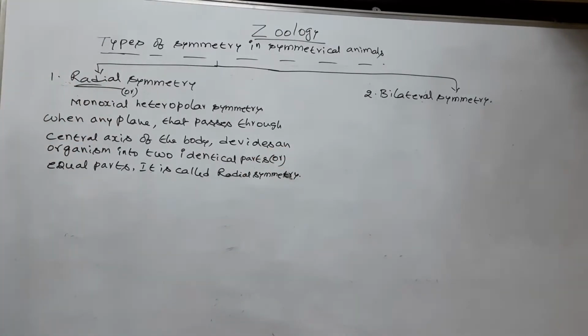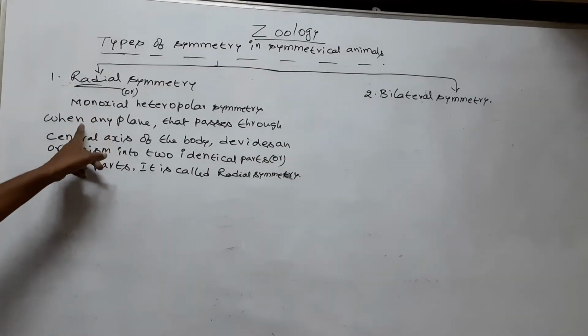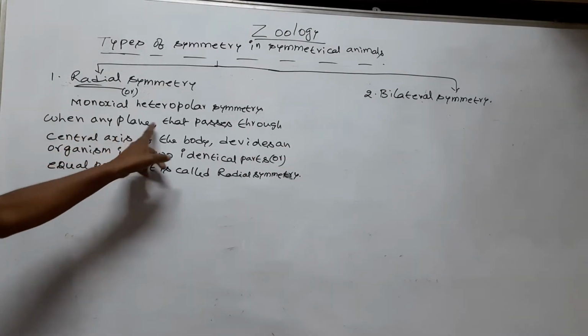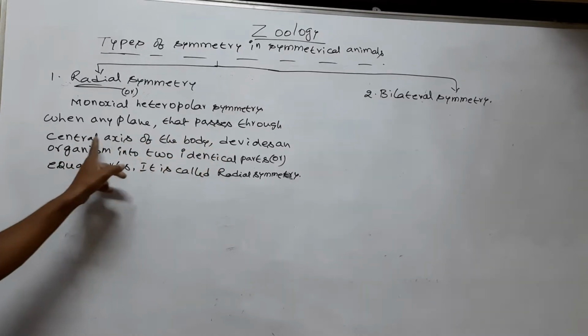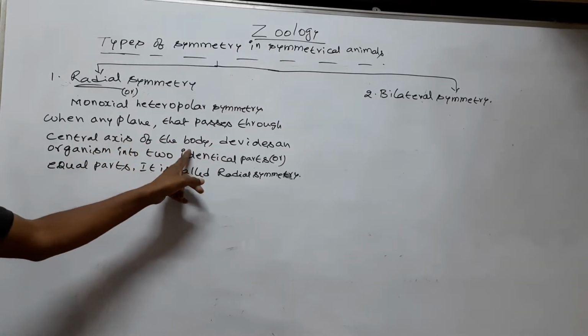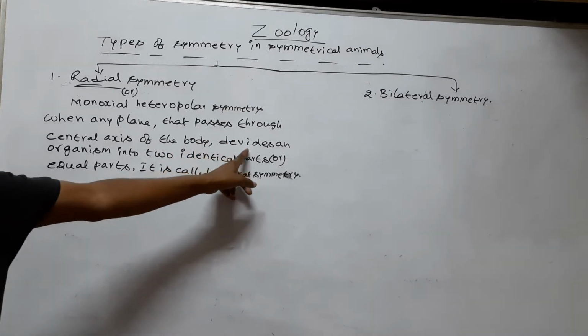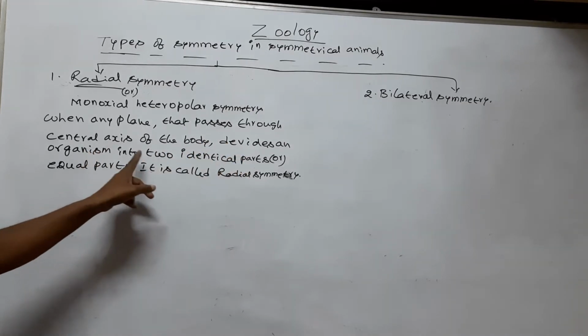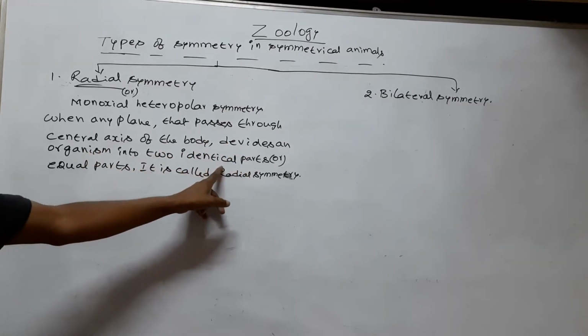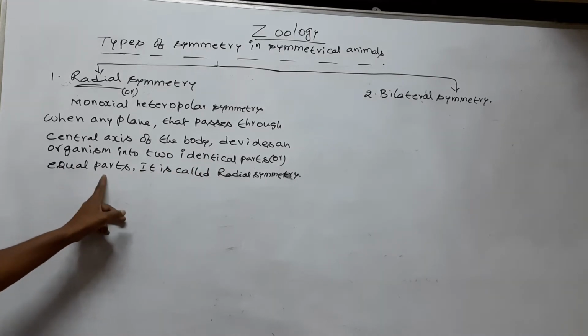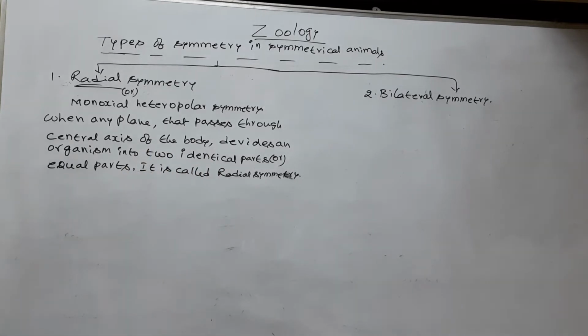So radial symmetry means when any plane that passes through the central axis of the body divides an organism into two identical parts or equal parts, it is called radial symmetry.